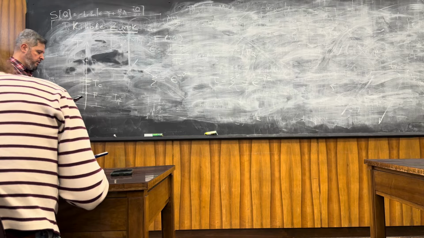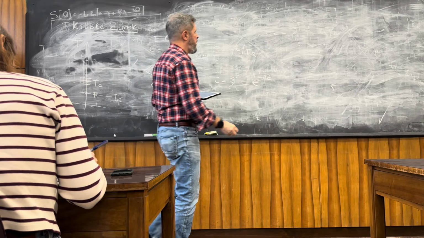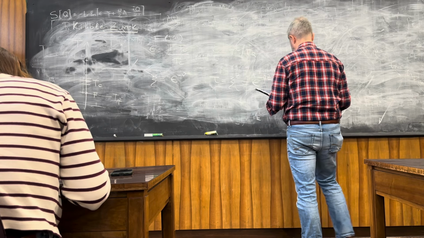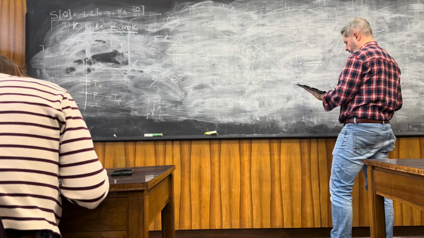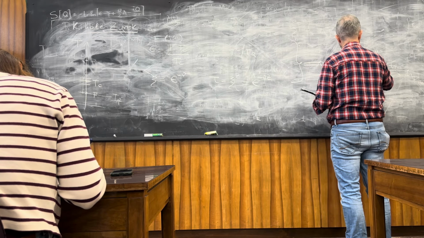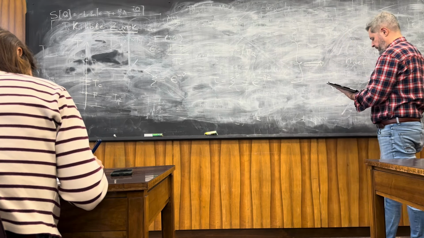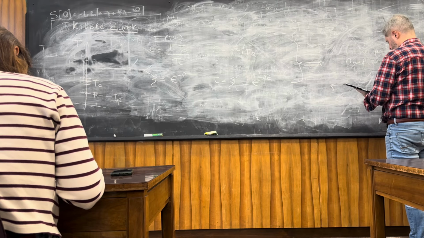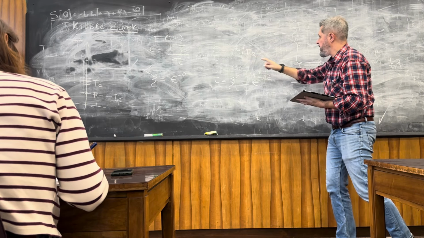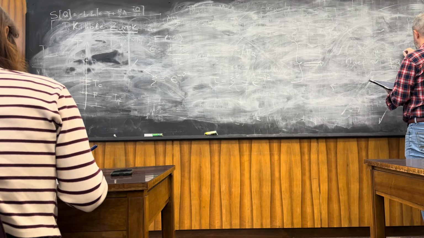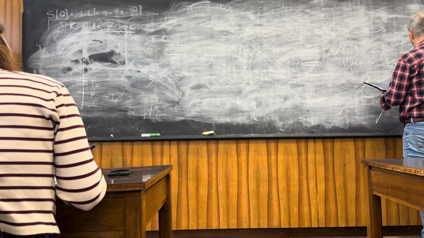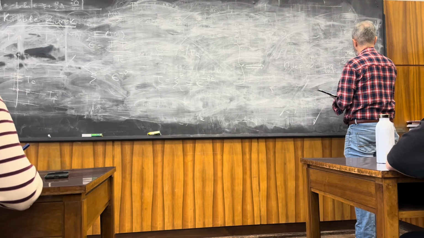So let me write first the final result, and then I'll tell you the argument with which you get it. The final result is that the density of defects is going to be proportional to tau q, this time scale, to the power minus mu d divided by 1 plus mu z.